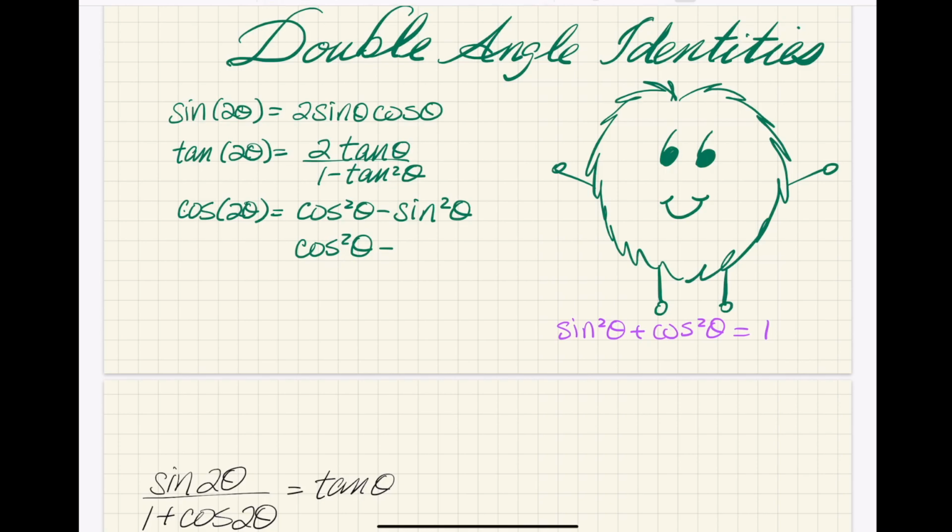We're going to do that substitution, taking out that sine squared and replacing it with 1 minus cosine squared. We're going to distribute that negative through the parentheses and have cosine squared theta minus 1 plus another cosine squared theta. And therefore we get the second version for our cosine of 2 theta, which is 2 times the cosine squared theta minus 1.